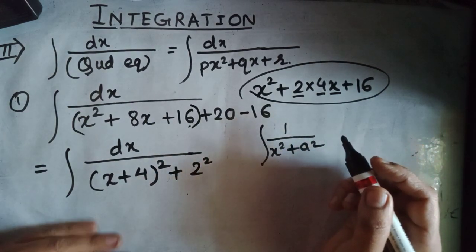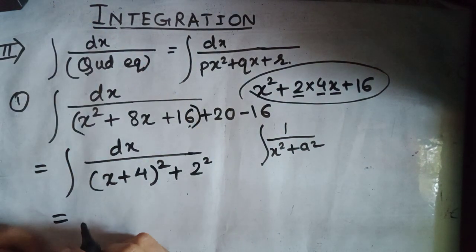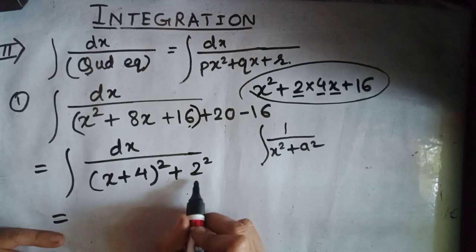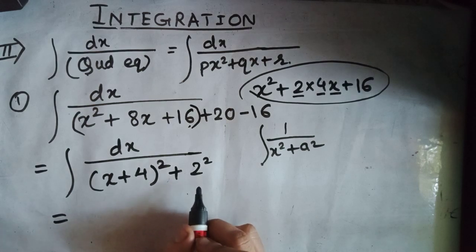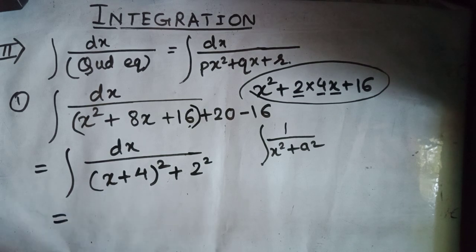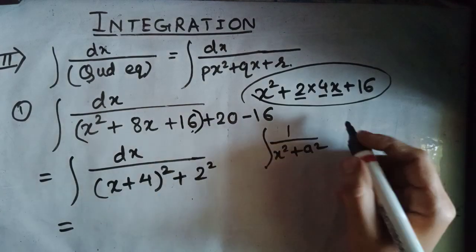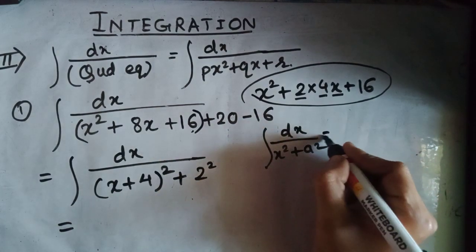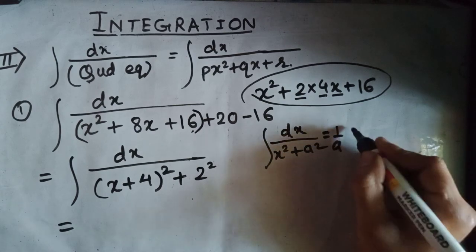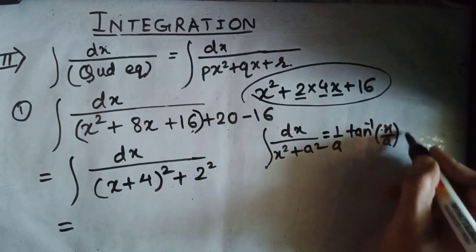So this will be 1 upon 2 tan inverse (x plus 4), right? So 1 upon x square plus a square is 1 upon a tan inverse x by a plus c.